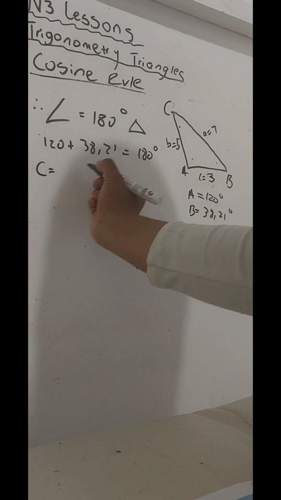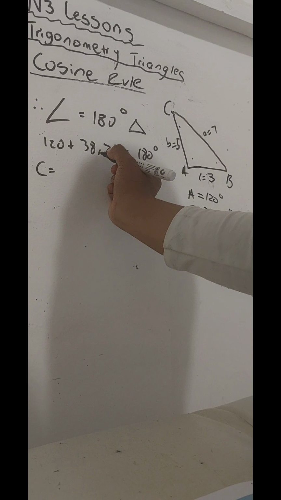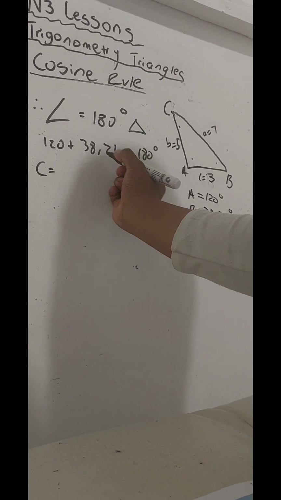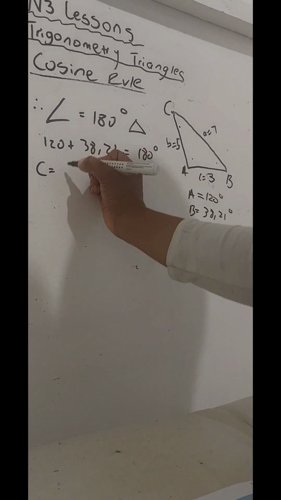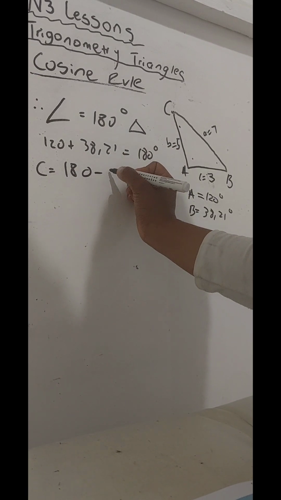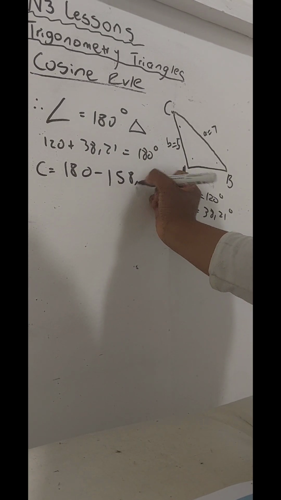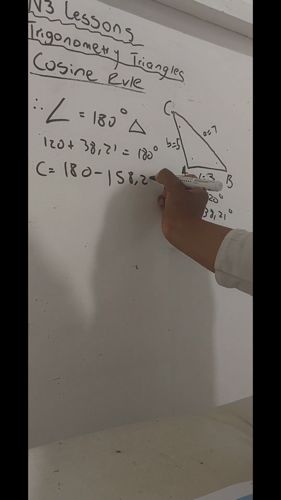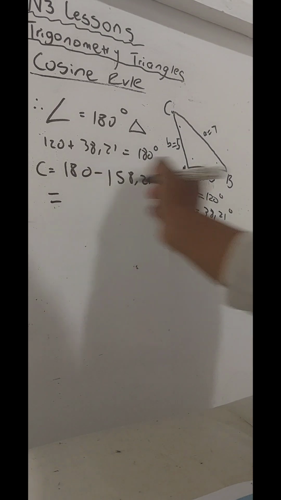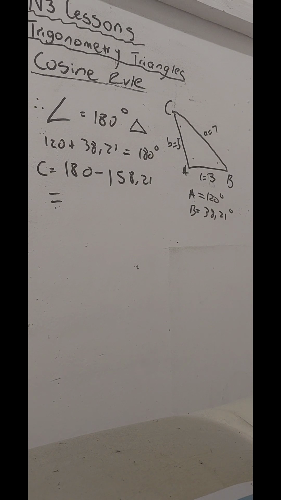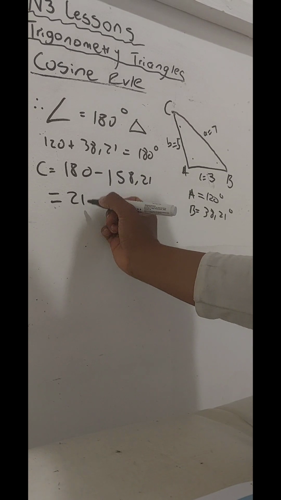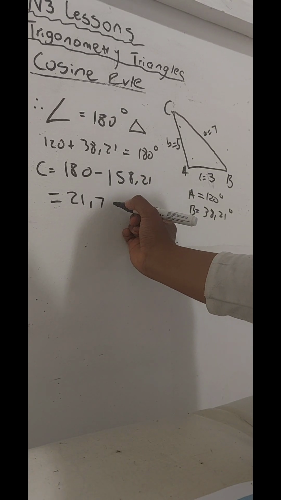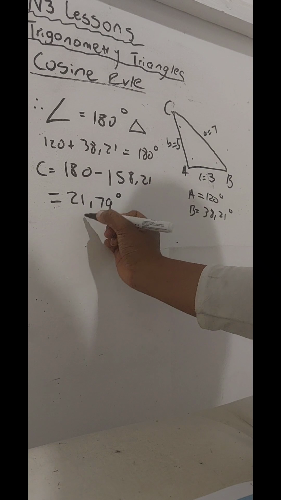We're solving for C, remember? So what is 120 plus 38? It's 158. So it's going to be 180 minus 158.21. Let's subtract. So I get my answer for C to be 21.79 degrees.